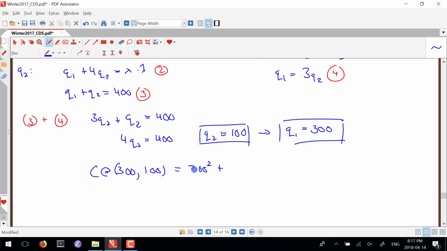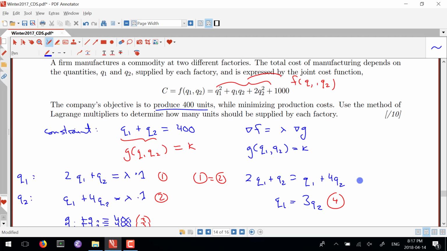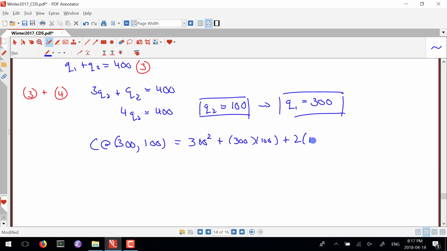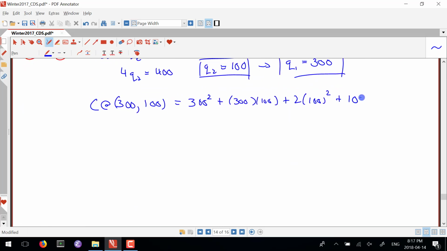So 300 squared plus 300 times 100. And here we can see why we didn't want a large Q2, because there we have 2 Q2 squareds. So 2 times 100 squared plus the 1,000 at the end. If we calculate that out with our calculator, we get a minimum cost of $141,000.